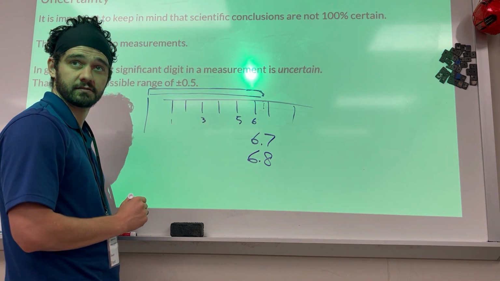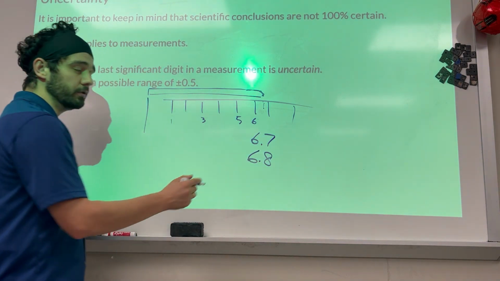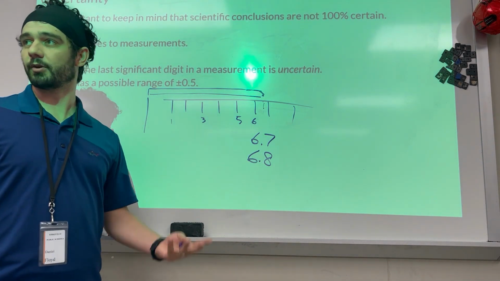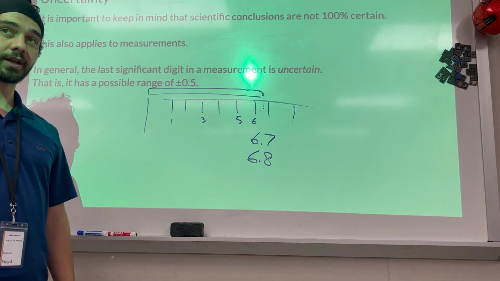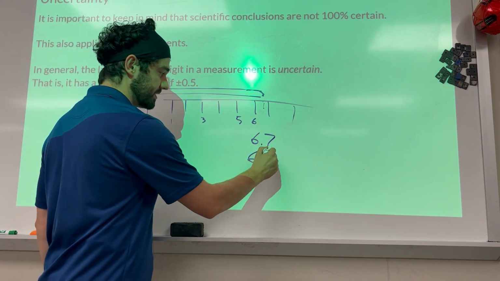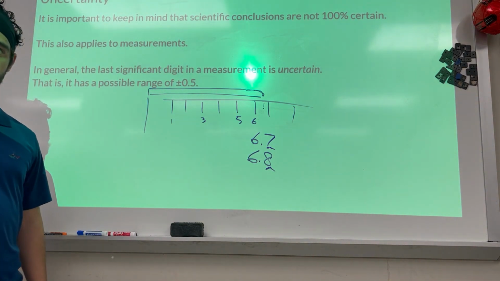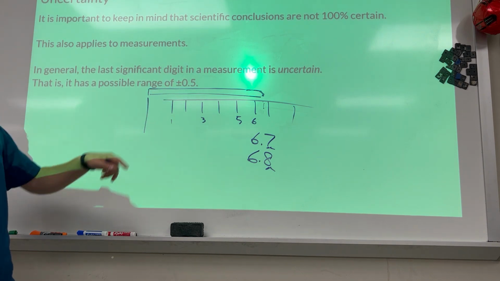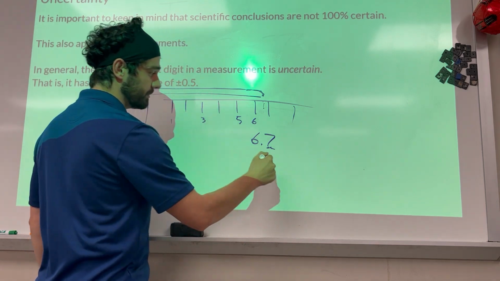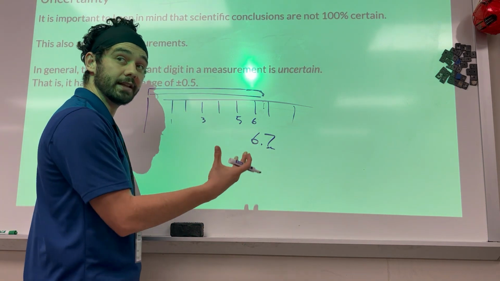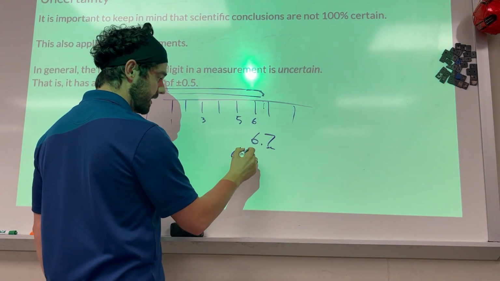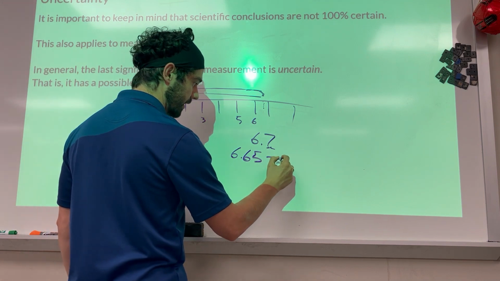I heard two different answers. Right? If we disagree, I can't necessarily prove this to you, but it's good practice just to go ahead and estimate it. And an educated, trained scientist like yourself will look at this and will understand that this digit is uncertain. There's a give or take of 0.5, or half of whatever this place value is. So if I'm going to estimate that it's 6.7, what I'm really communicating efficiently is I think the true value is somewhere in this range.